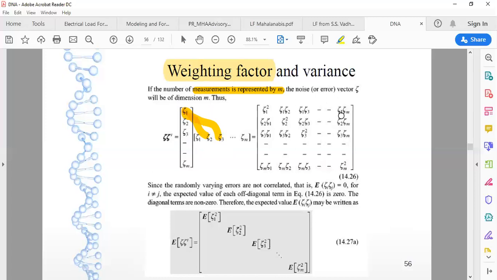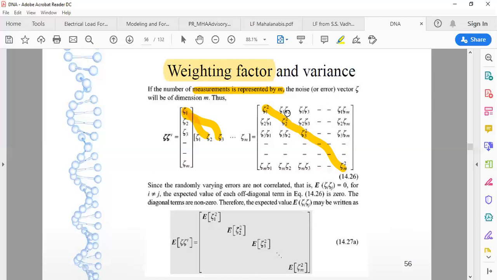The last element will be zeta 1 into zeta m. So zeta 1 square is nothing but the square of noise, or square of error, offered by my instrument 1. If we closely look at this matrix, then the diagonal elements will show the square of error offered by the individual meters.